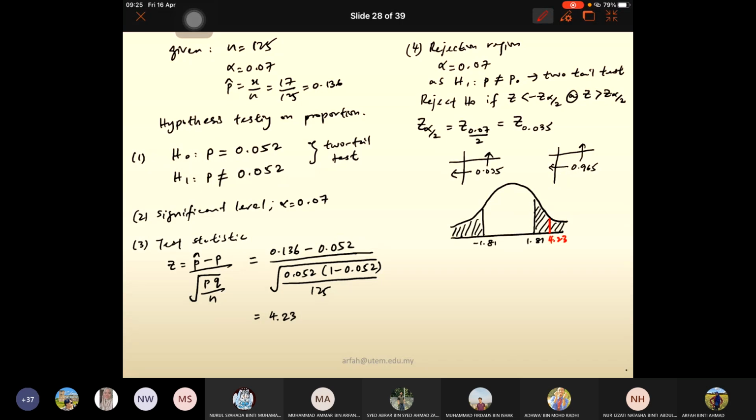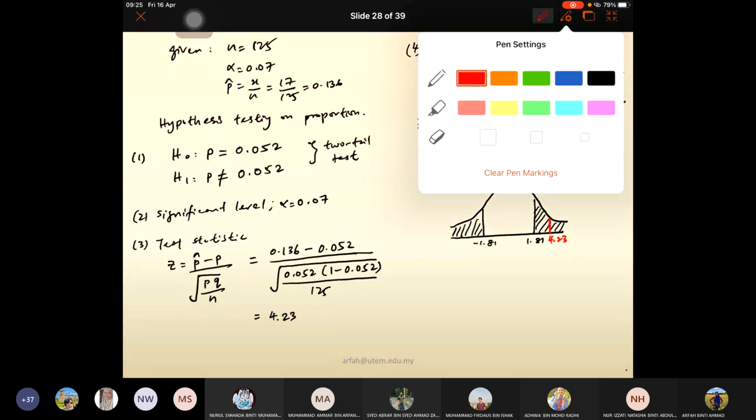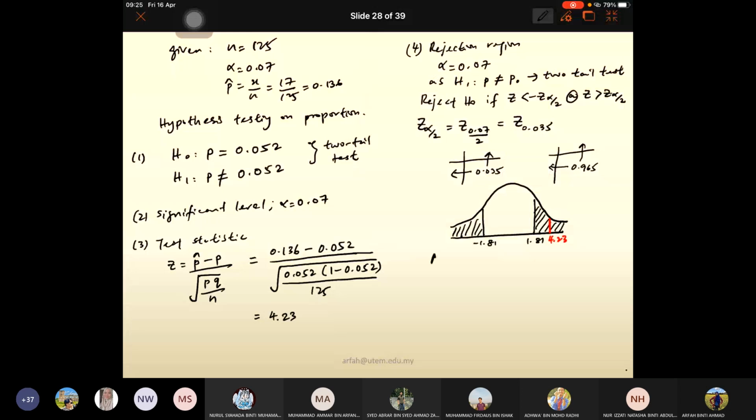So, fall in the rejection region as test statistic, okay, Z sama dengan 4.23 falls in the rejection region. So, reject H0. Conclusion kita will be based on H1.